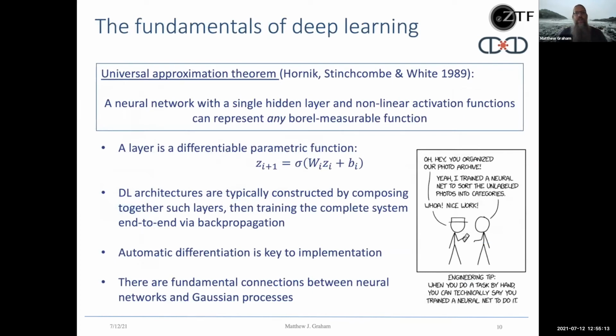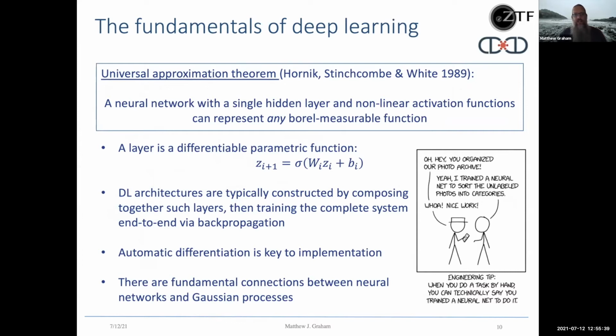There's this thing called the universal approximation theorem, which says that a neural network with a single hidden layer can represent any measurable function. So if you have input data and output data, no matter what the form of that is, deep learning promises that it will give you the mapping between the two, if one exists, as a Borel measurable mathematical function.